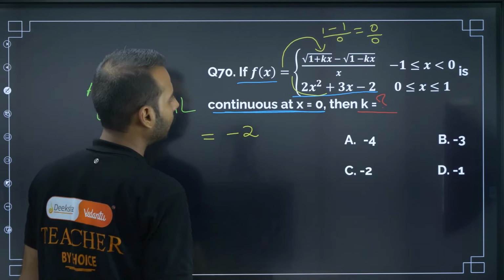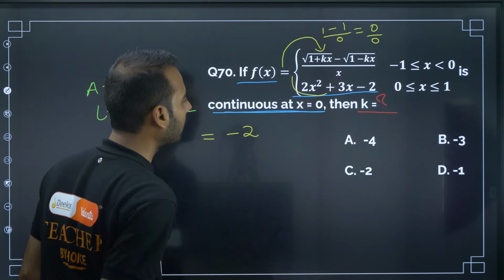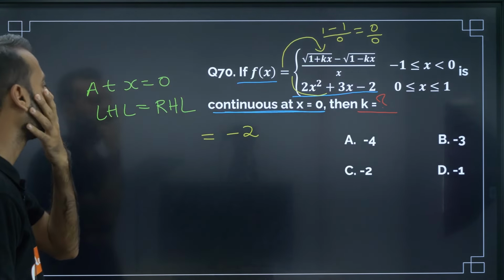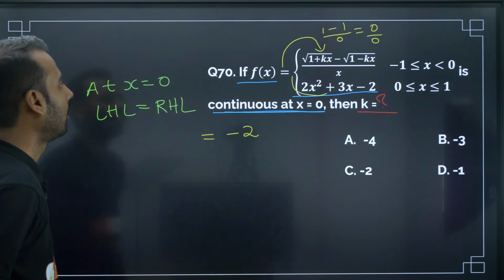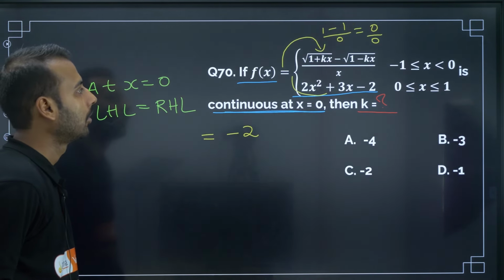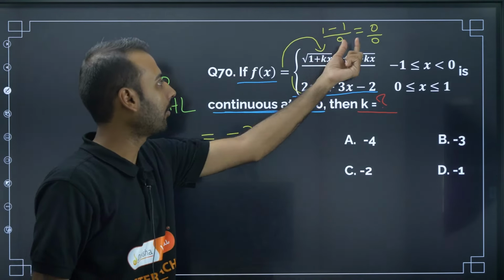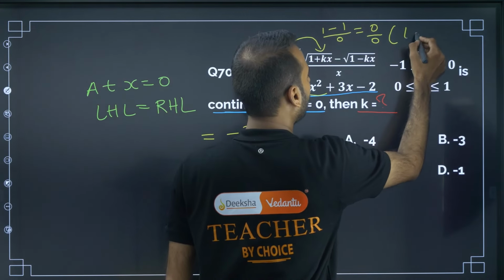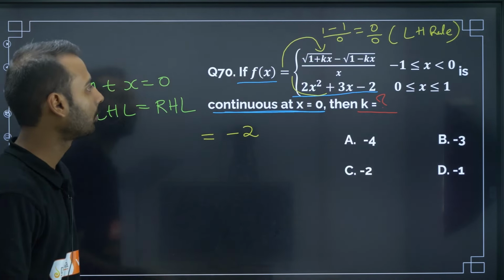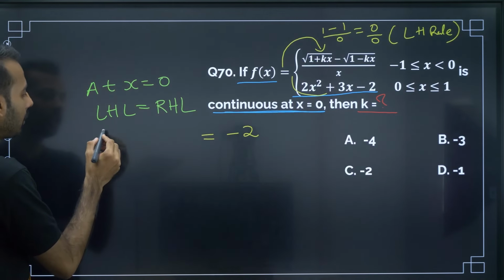Now for LHL, root of 1 plus kx minus root of 1 minus kx by x. If you observe here, whenever it is 0 by 0, go for L'Hospital rule. What is the L'Hospital rule? It means differentiate the numerator, differentiate the denominator.